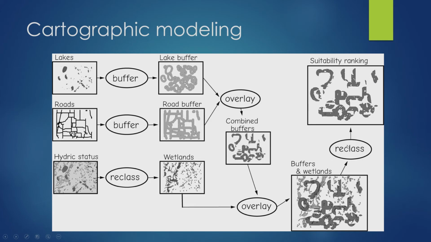And then finally, we do a reclass to determine those areas that are suitable. This example is actually fairly basic. It just gives us those areas that are suitable versus those areas that are not suitable.